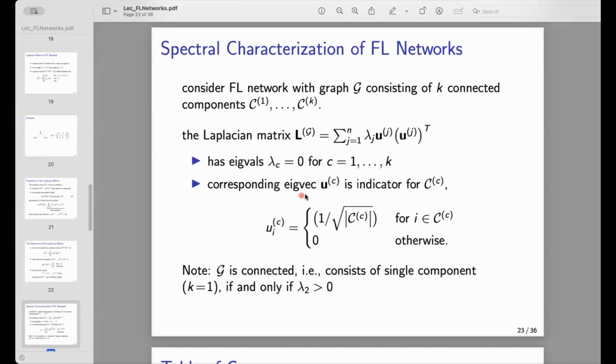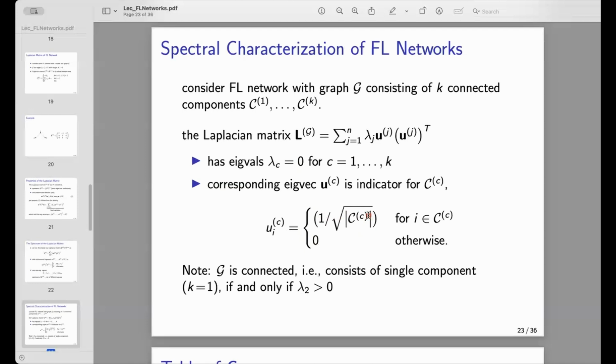We can find eigenvectors for this zero eigenvalue which are exactly the indicator functions for these components. For each of these eigenvalues, we can construct an eigenvector that is 0 for all nodes not in the corresponding component, and non-zero only for the nodes in this component.